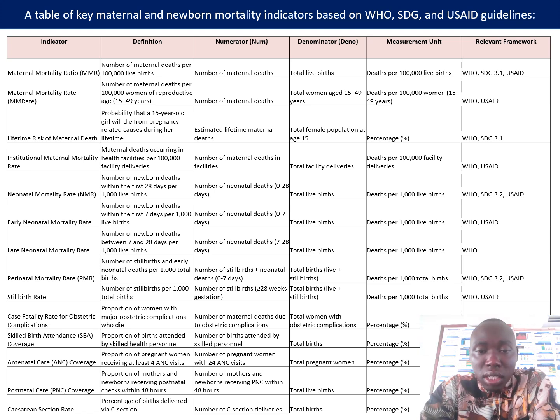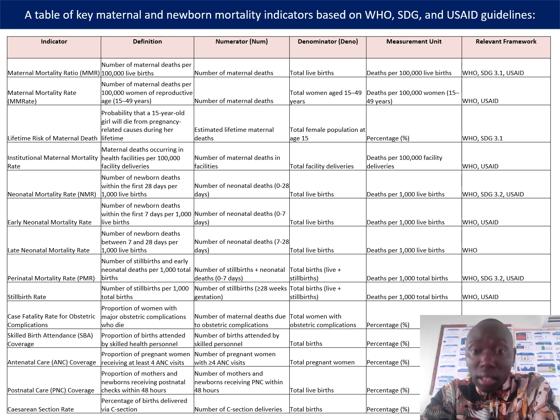The numbers might be the same. However, the denominator is the total facility deliveries. Please pay attention to the numerator and denominator. How is it measured? It's per deliveries. Still, we have the source there. I'm not going to talk much about it.